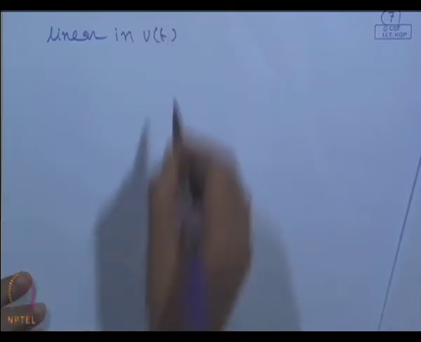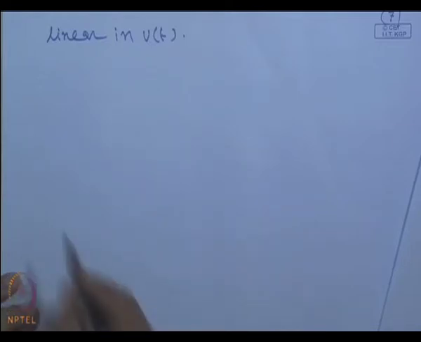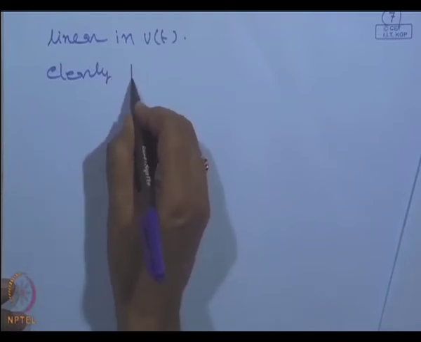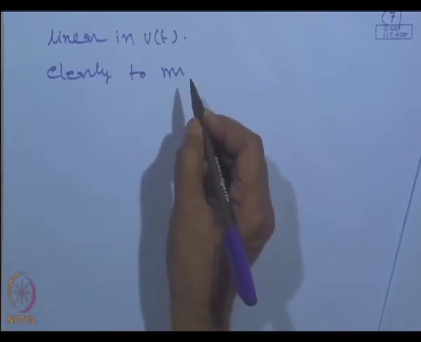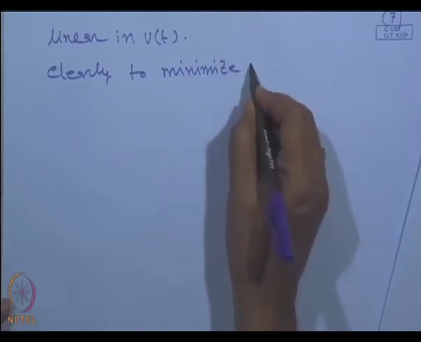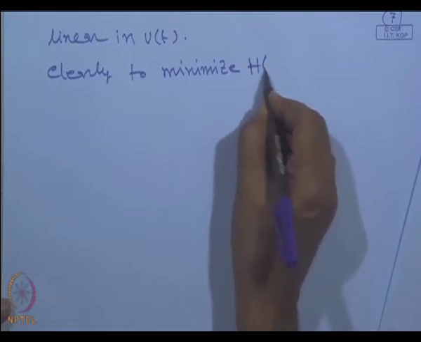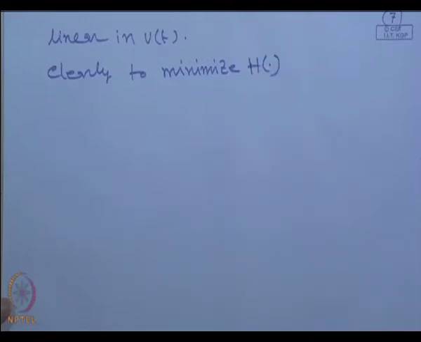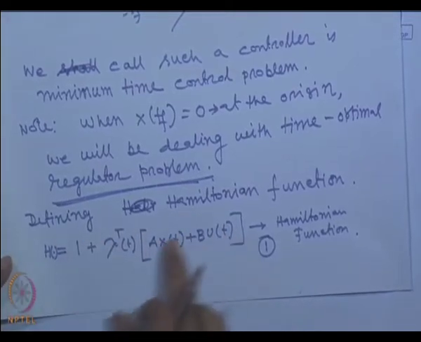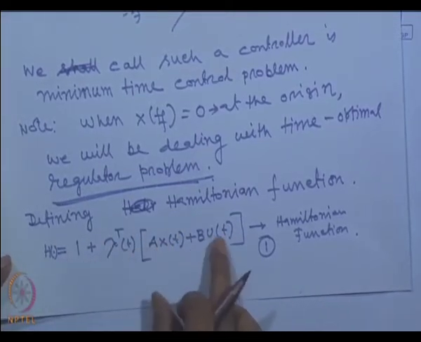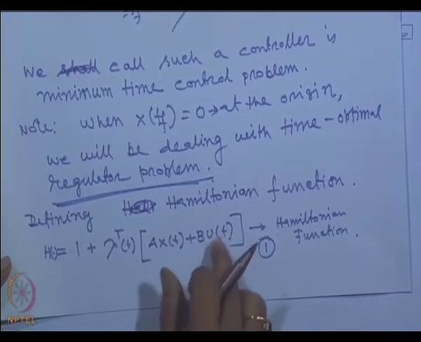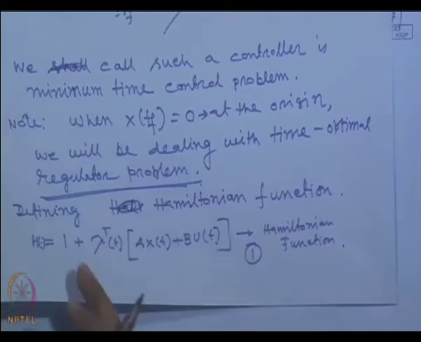it clearly indicates that to minimize H of t, the Hamiltonian function, you have to select u of t such that the function is minimum.